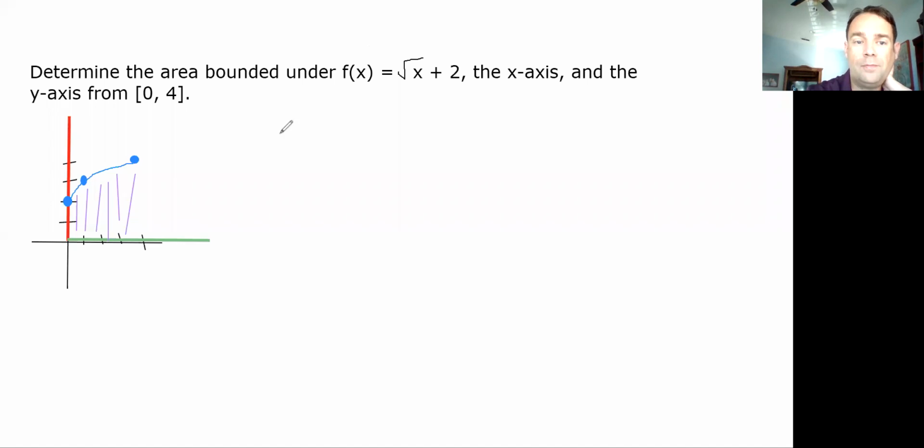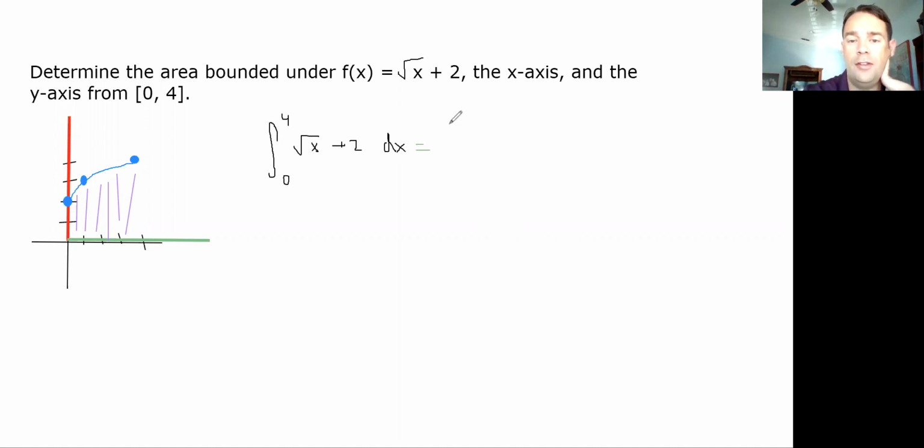Well, let's try that here. So all we really are doing on this is just taking the definite integral from 0 to 4. All right, why don't you go ahead and pause the video, see what you can do with that.